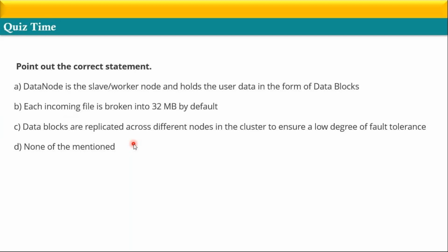D: None of the mentioned. Which one is correct? A, sir. I think A is the only correct answer. Data node is working as a slave and having the information of user data in the form of data blocks. So three students are saying A. A is the correct one, huh?